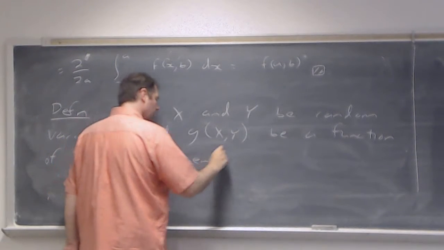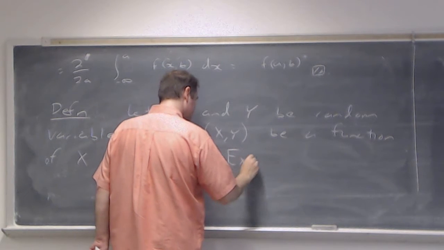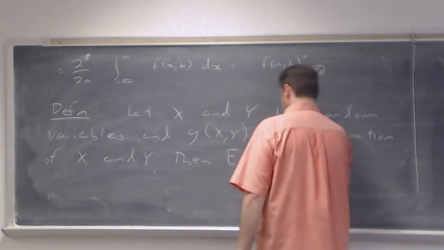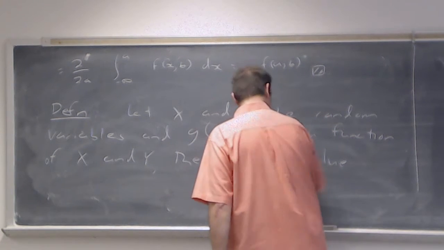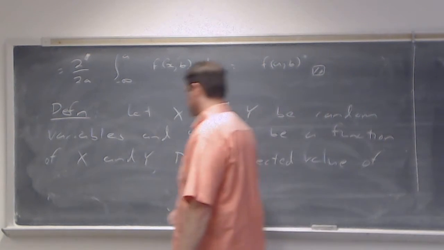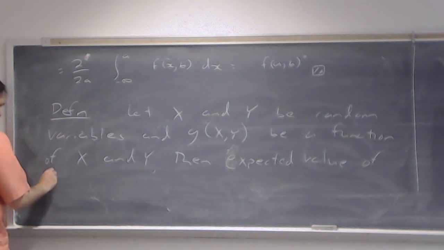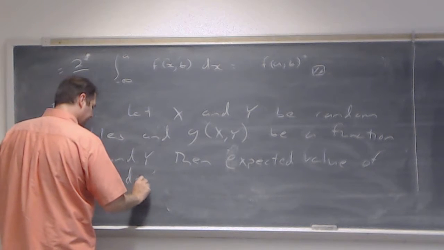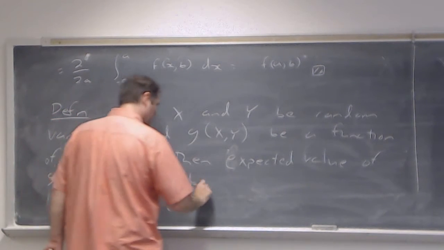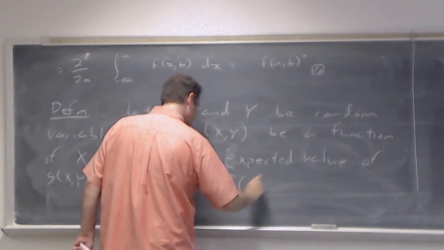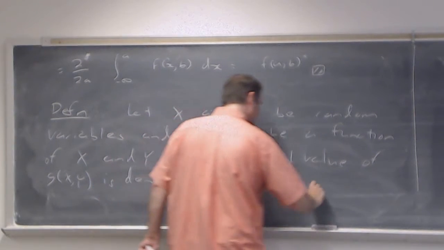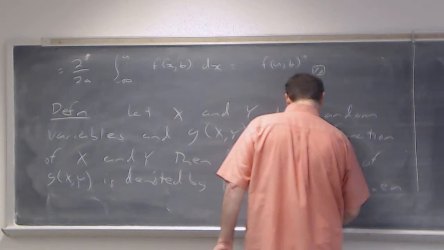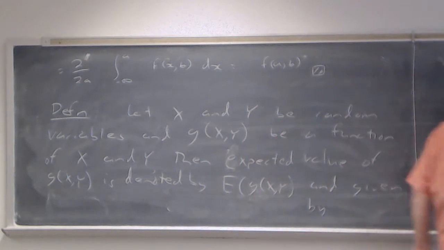Then the expected value of g of x comma y is denoted by the expected value of g of x comma y, and given by, I need to look at that right.